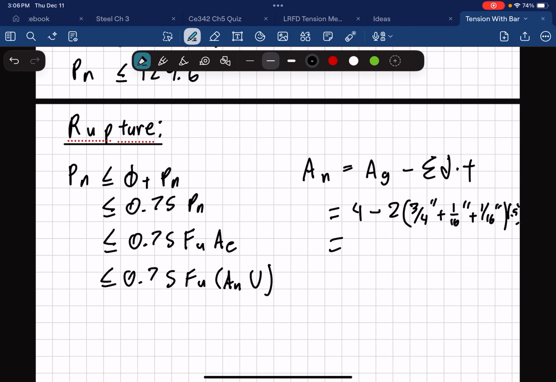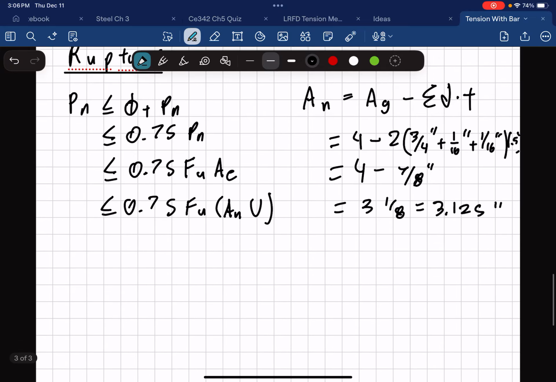So the 2 and the 1 will cancel. You can look at that, and the 2 and the 0.5 will cancel. So you have 4 minus 7/8, because we're talking about net area here. So you're going to be left with 3 1/8, which is equal to 3.125 square inches.